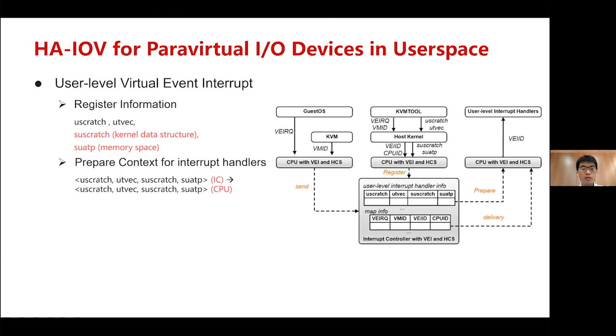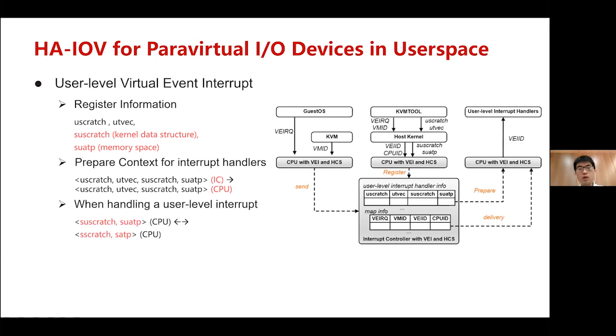When a user-level virtual event interrupt is sent by the guest, the interrupt controller creates the map information to find the VI physical number. Also, the registers mentioned above in the target CPU cores are overwritten by the interrupt controller. Then the interrupt controller delivers the VI to the target CPU cores.